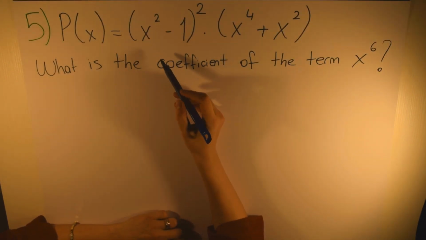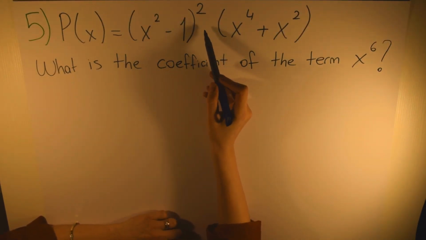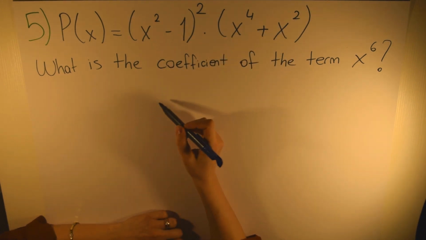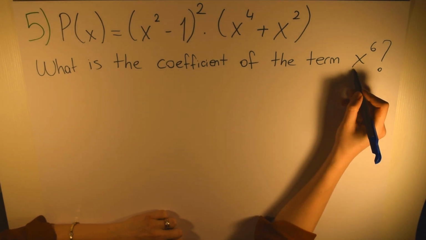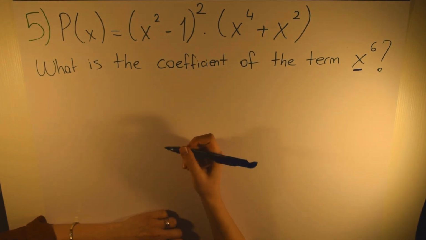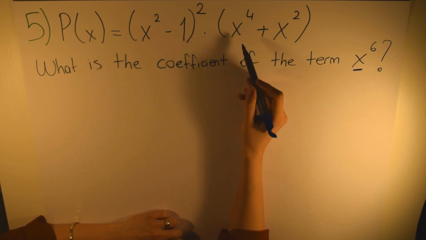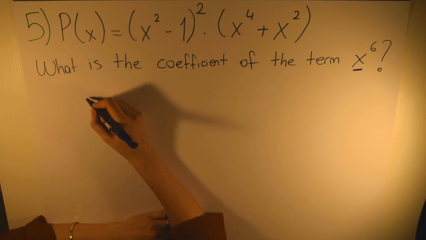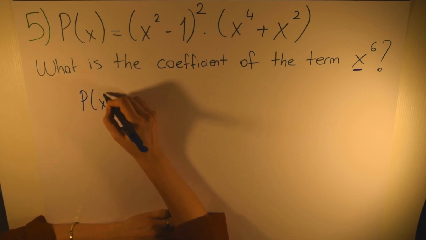P(x) is equal to (x squared minus 1) to the power of 2 times (x to the power of 4 plus x squared). What is the coefficient of the term x to the power of 6? So in this kind of questions, you don't have to multiply these two, you just have to expand this expression here. So let's write it down.